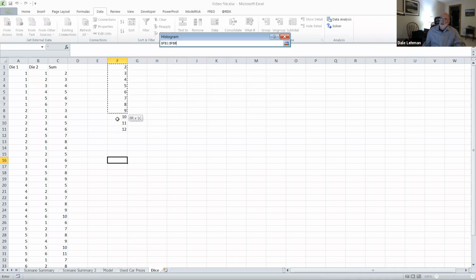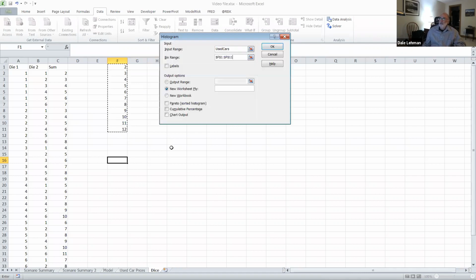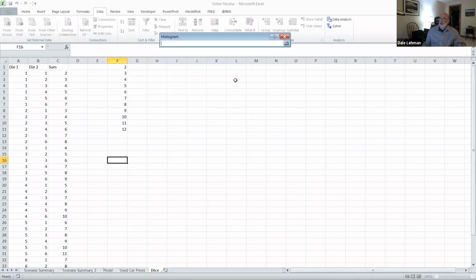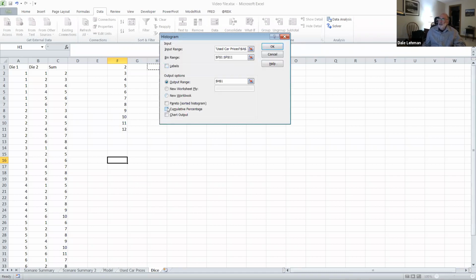What do you want to show the bins for drawing this picture? And we'll paste this right into the sheet. And what I want, I'm actually going to click the cumulative percentage and the chart output.